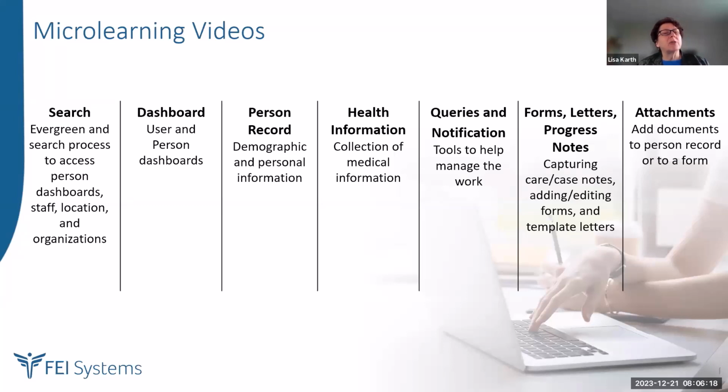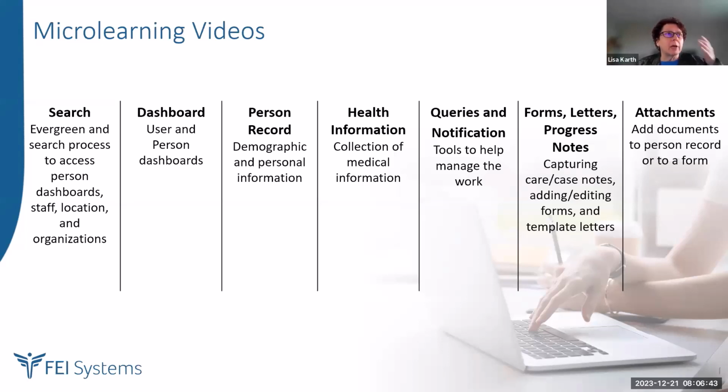For some, it's searching for persons. For others, it might be staff, locations, or organizations. And it also touches just a little bit on the dashboards. Dashboards have their own microlearning. And there is your dashboard, which in the system is called My Dashboard, as well as the person dashboard.